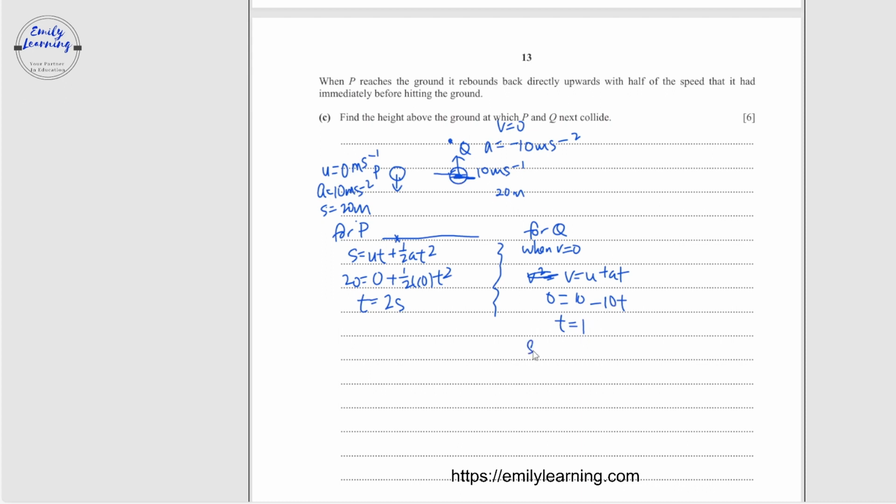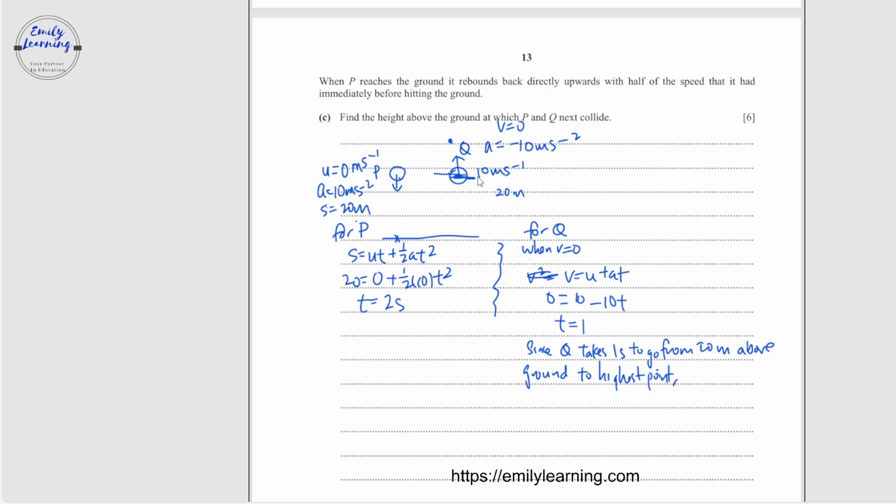Okay, so since Q takes 1 second to go from 20 meters above ground to the highest point, when it reaches the highest point, the velocity is 0, so by gravity it will start to move downwards, right?